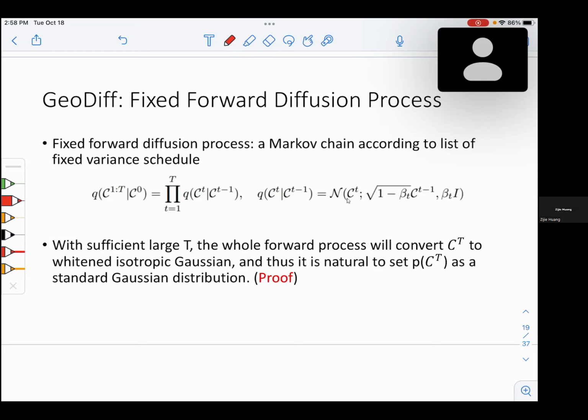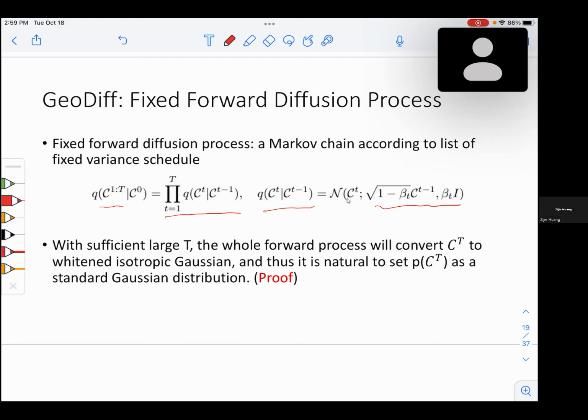For the forward process for conformation from time 1 to time T, its posterior distribution is modeled as a multiplication of each of these Markov chain steps. Each step follows the standard formula of a Gaussian distribution, where beta_t is defined such that, if we define alpha_t as 1 minus beta_t, it says how much you want to preserve from the previous diffusion step.